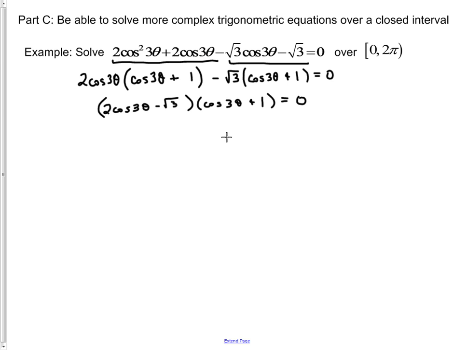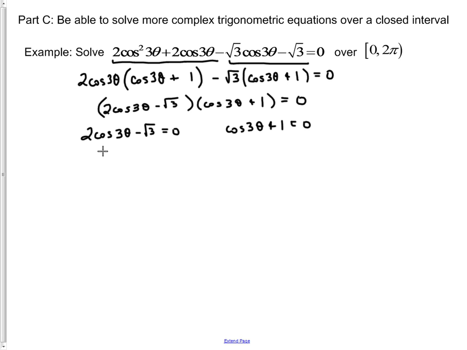So now let's go to our solutions by setting each factor equal to 0. So we're going to take 2 cosine of 3 theta minus the square root of 3, set it equal to 0, and cosine of 3 theta plus 1, set it equal to 0.